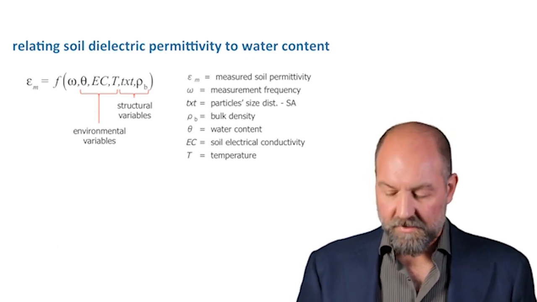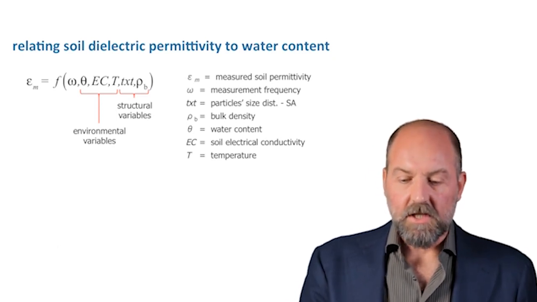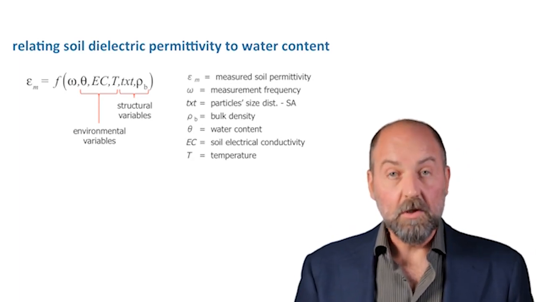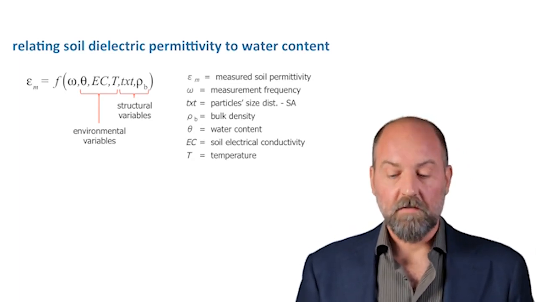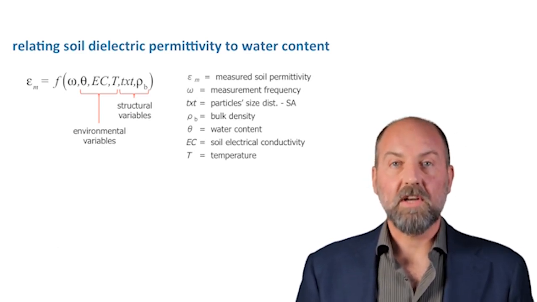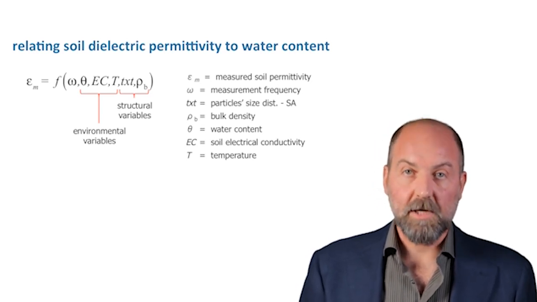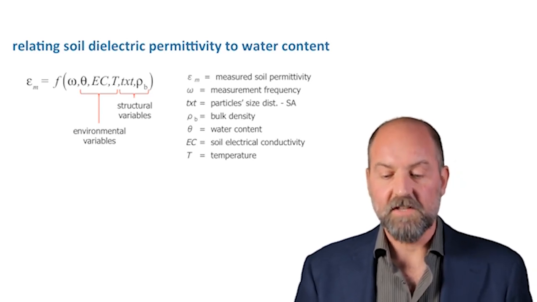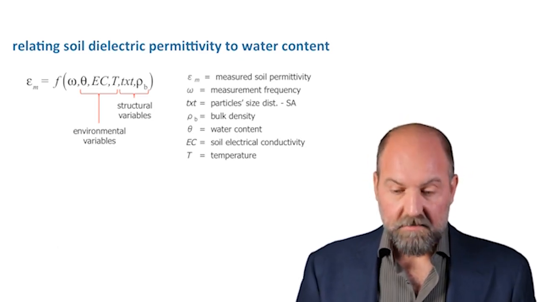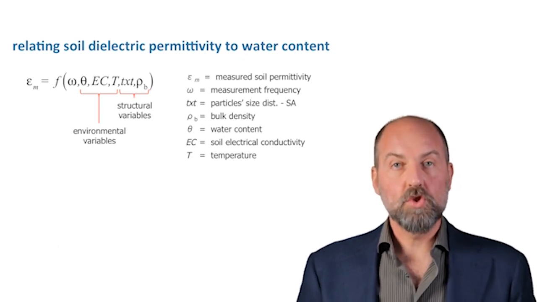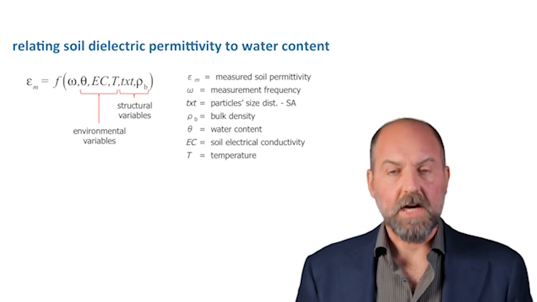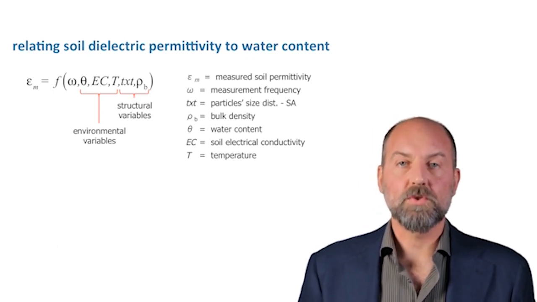There are additional factors, which I have listed here, and we definitely must include the texture of our soil, which can be represented by the particle size distribution, or a very effective parameter, maybe the specific surface area. And also the bulk density certainly affects the permittivity. These two quantities, texture and bulk density, typically do not change with time. I will refer to those as structural variables.